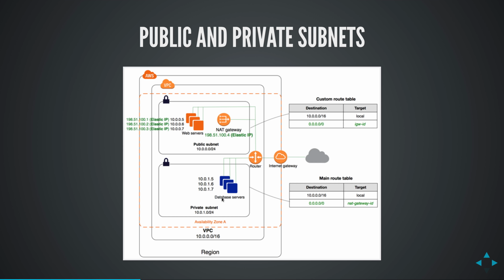The NAT gateway has a single IP address, so it's only for connections from the database service to the public internet, for instance, for updates and stuff like that.